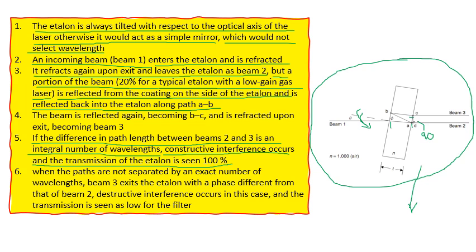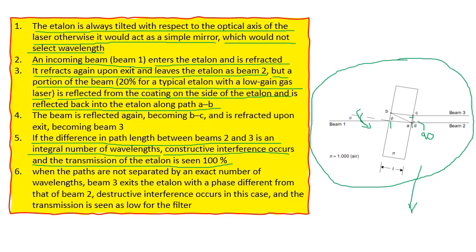So what are the important points here? कि ये जो beam 2 और beam 3 here, they interfere. Okay. The path length between the beam 2 and beam 3 is the integral number of wavelengths for the constructive interference.